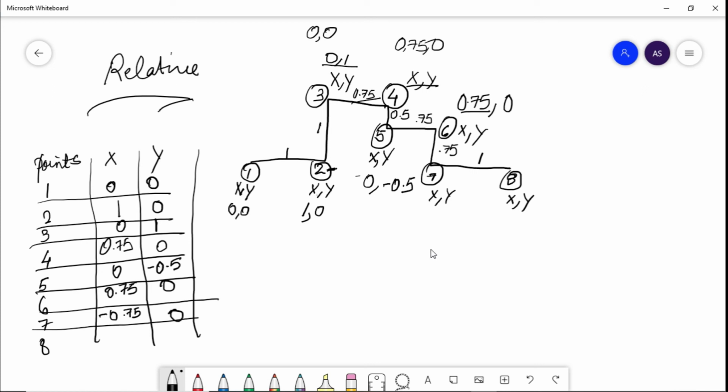To move on to the next point, there is a length of 1 unit, so there is only movement in the positive x direction, so x is equal to 1, and there is no movement in the direction of y, so y is equal to 0.